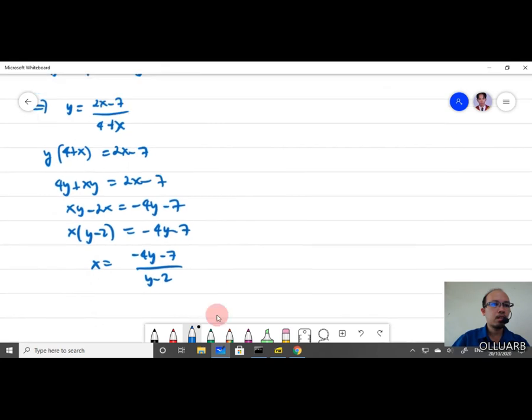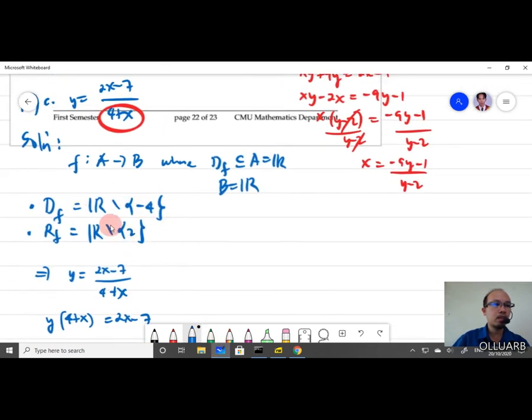So this is how you are going to find the domain and the range. Again, the range and the codomain are not equal, therefore the inverse does not exist if you define it this way.